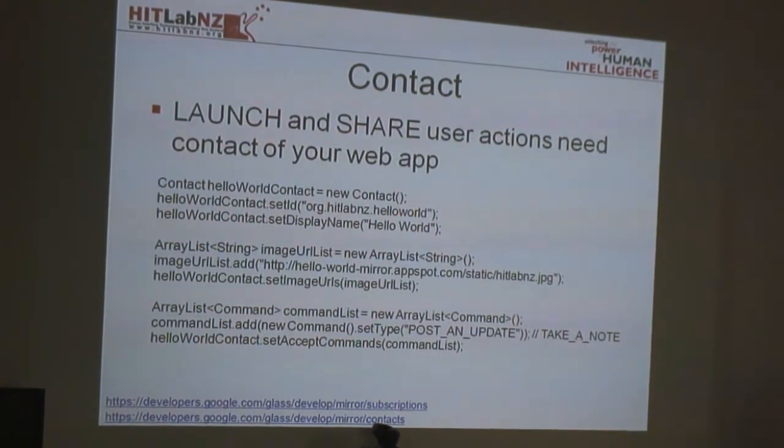But the special thing here is that you can create a contact for your website itself rather than a person. So when the Google Glass user shares a picture or some timeline item to your website, your website will have access to that timeline item to get the image or text from the card and process it on the server side.